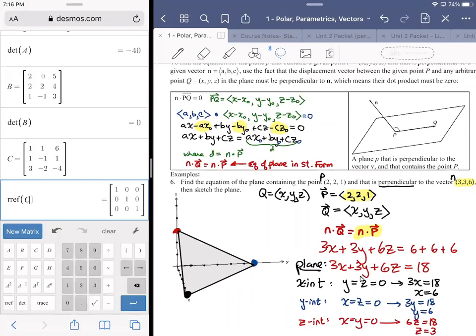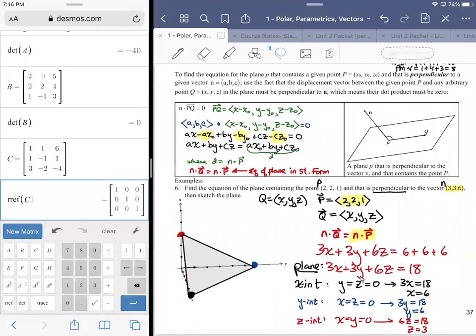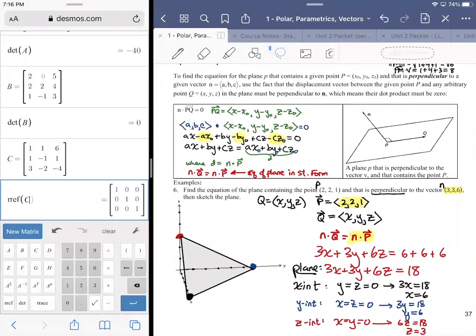All right, so it's not too crazy. You know, coming up with the plane itself didn't really take a lot of work. It's just a little computation after that to come up with the x, y, z intercepts. But then that's really it.